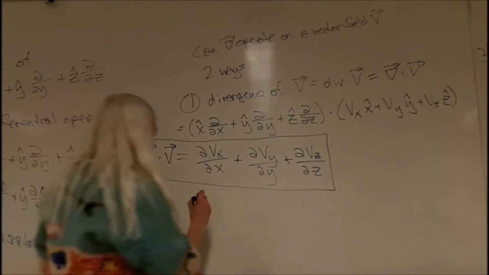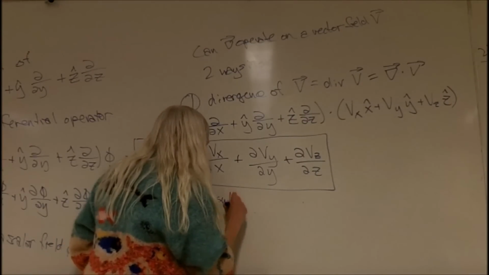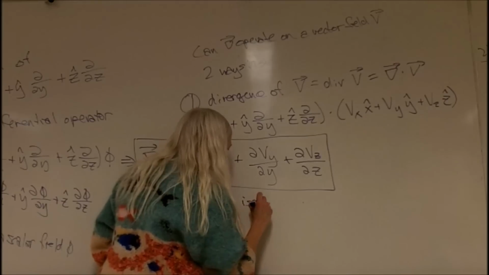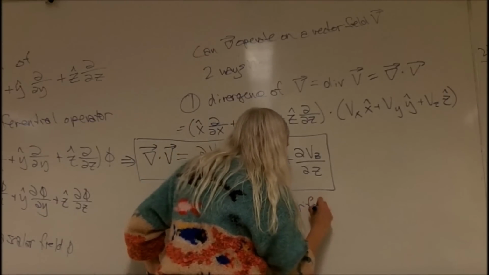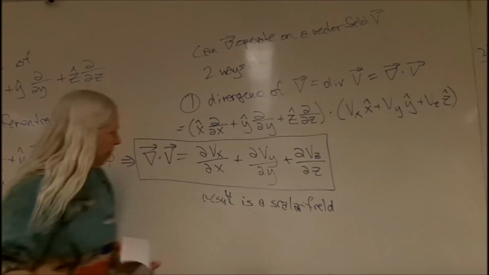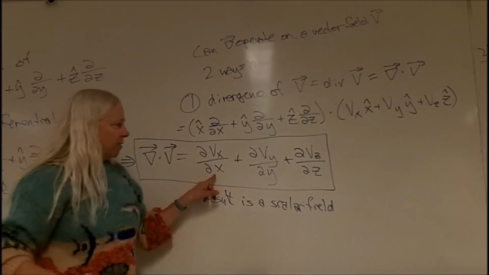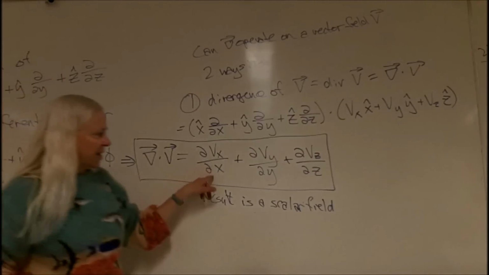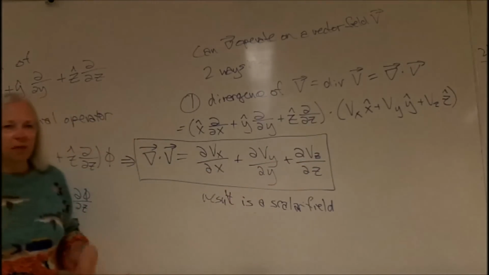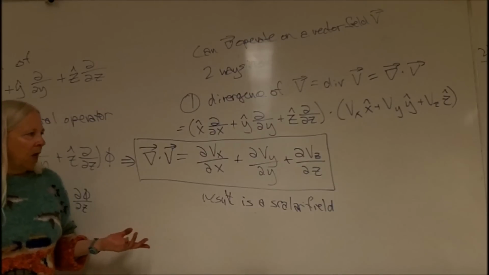Notice that the result of this is a scalar field, not a vector field. Okay? Vx, vy, and vz are functions of x, y, and z. When I take these derivatives, I can still have something that depends on x, y, and z.